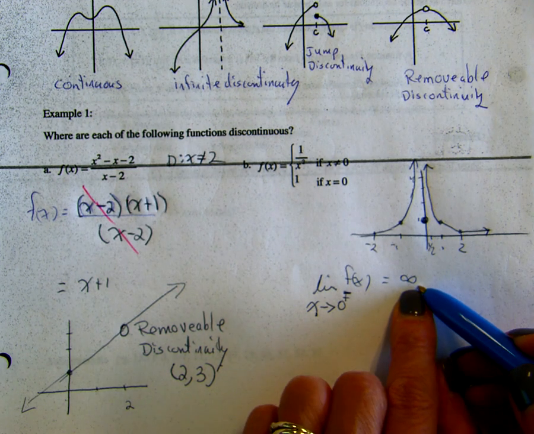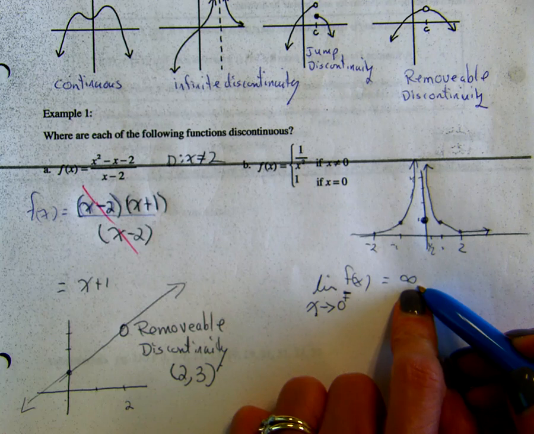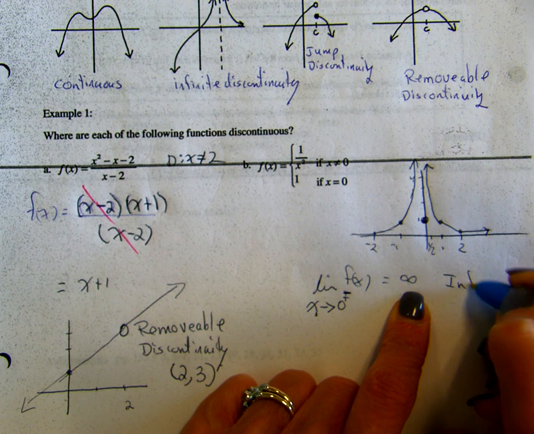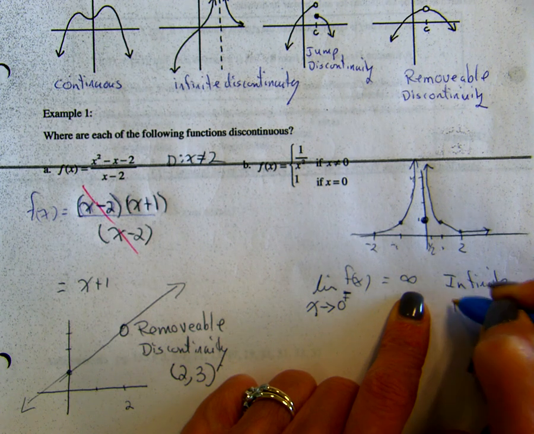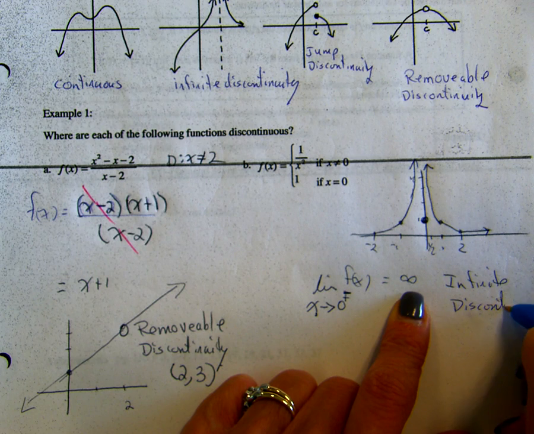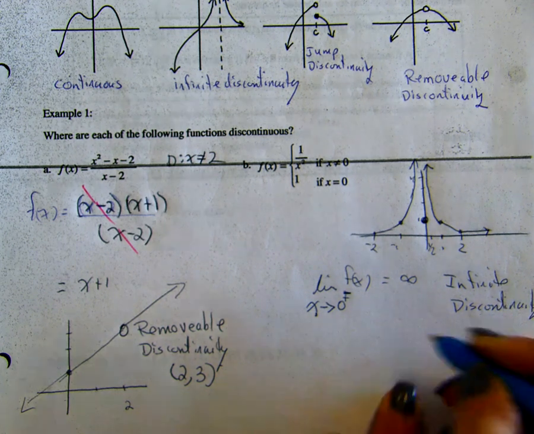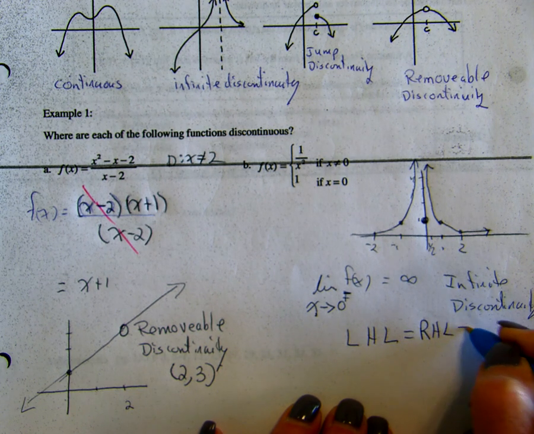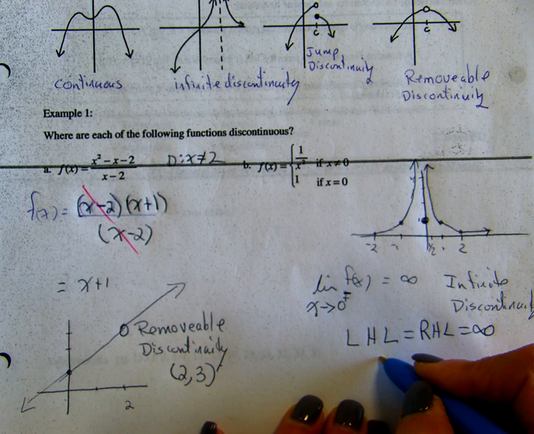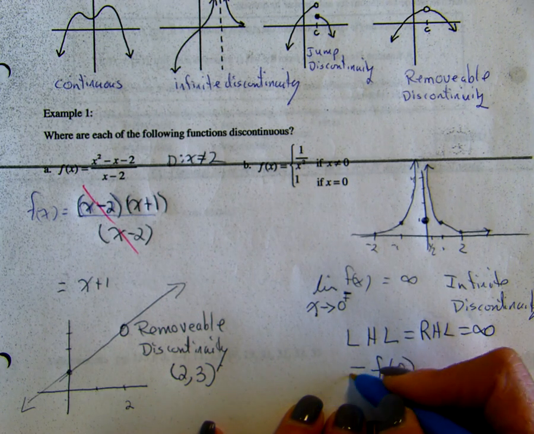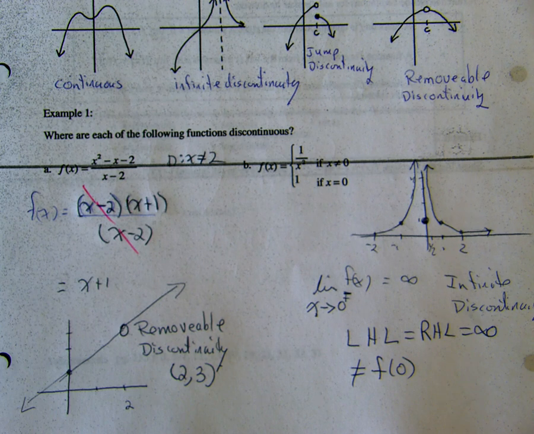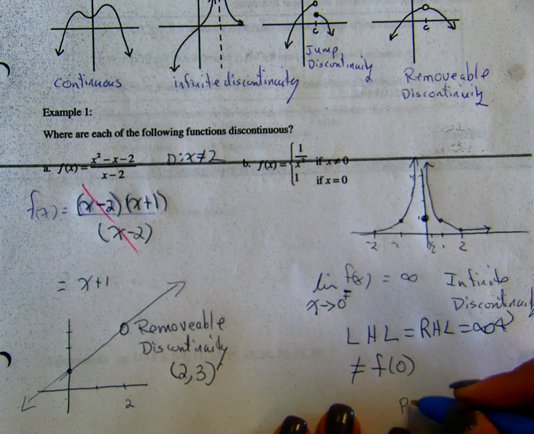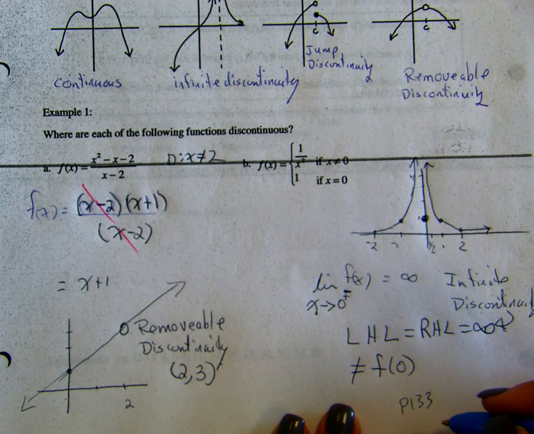So my left-hand limit does not equal my right-hand limit, and the limit is not finite. We would say that that limit does not exist. That's an infinite discontinuity. Okay, although the limits are infinite, they do not equal the function value at 0. In any event, this is what makes it discontinuous.